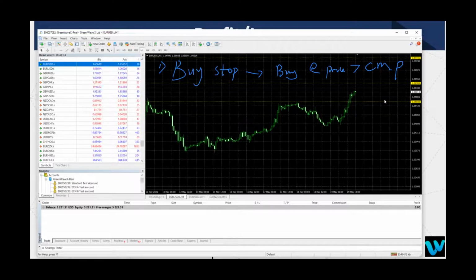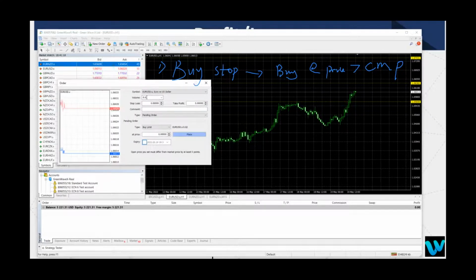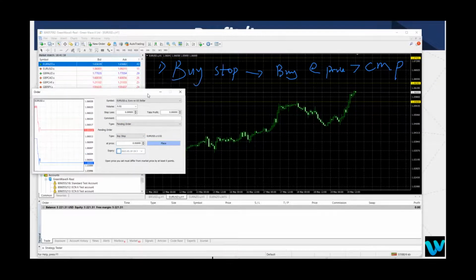That's what it means. So you go to new order. Let's say you've used a position size calculator to know what volume of trade you want to take based on your risk. Let's say 0.02. So you go to pending order, it's already there. Then you choose buy stop, because you are buying at a price that is higher than the current market price. Then you put all of these things.